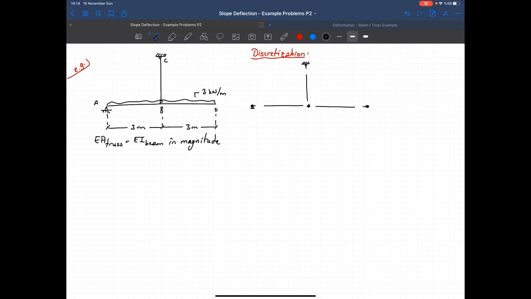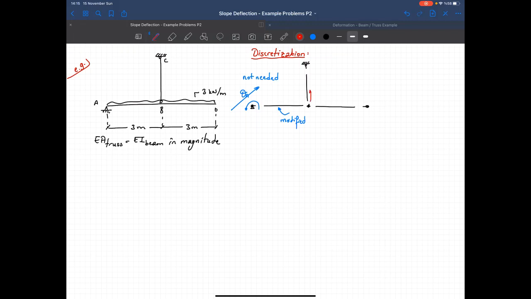Now degrees of freedom. At point A, of course, we know that there's rotation. Let's call it theta A. But if I use the modified equation for this member, I don't have to calculate the value of theta A, not needed. So that reduces one degree of freedom for me.